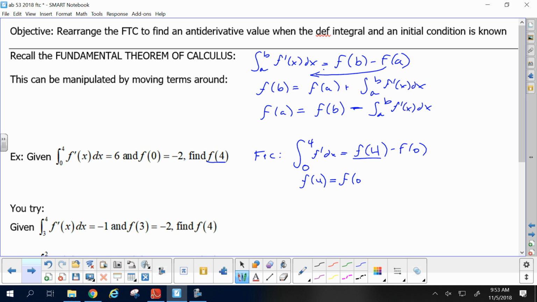So that would be f at 0 plus the integral, yeah? All right, now you substitute. What is f at 0? -2. What's the integral value? 6. So f at 4 must be 4. Obviously, that's coincidence. You with me? Yes. All right.